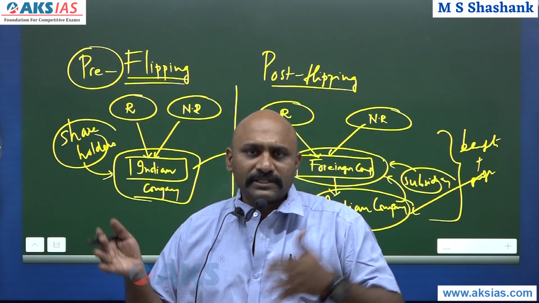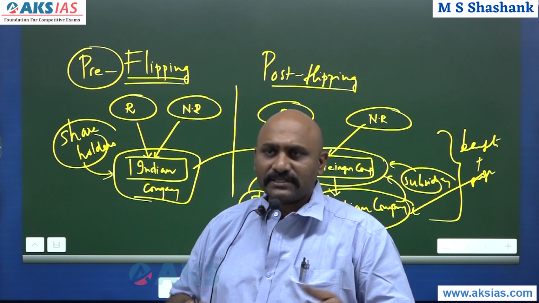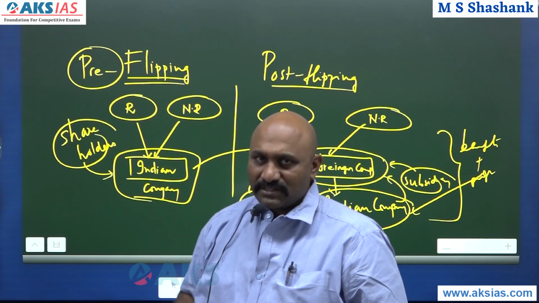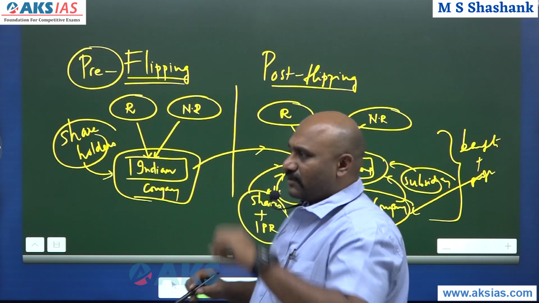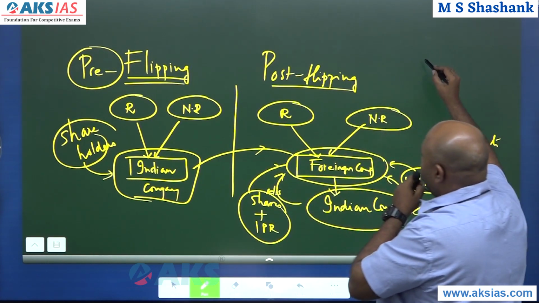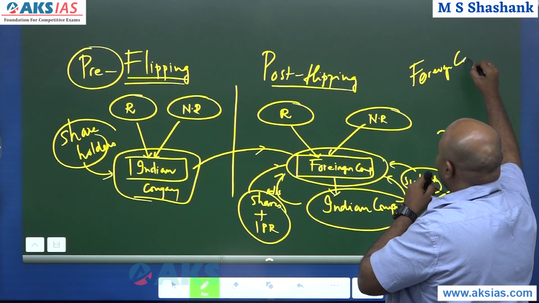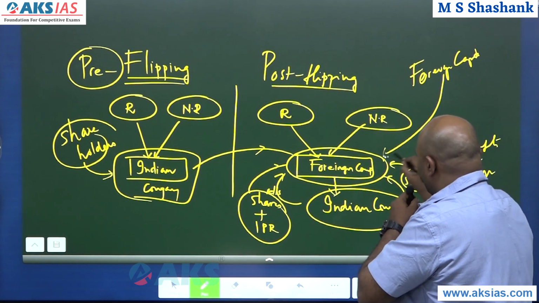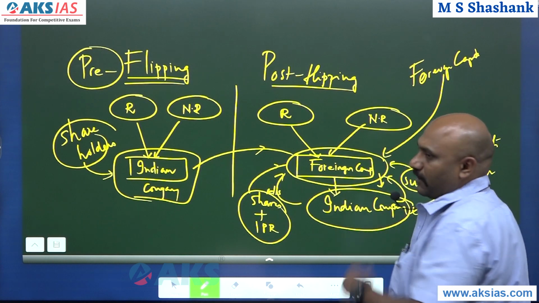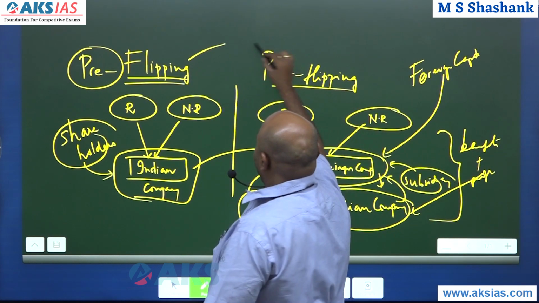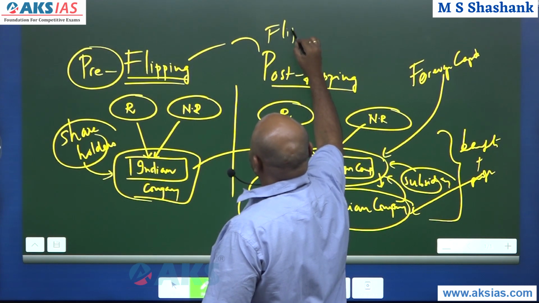More than half the amount goes into taxes and such things. So they shifted their base to a foreign location. There they started doing business, and it becomes very easy for foreign capital to flow into the Indian company. That is what happens in the flipping model.